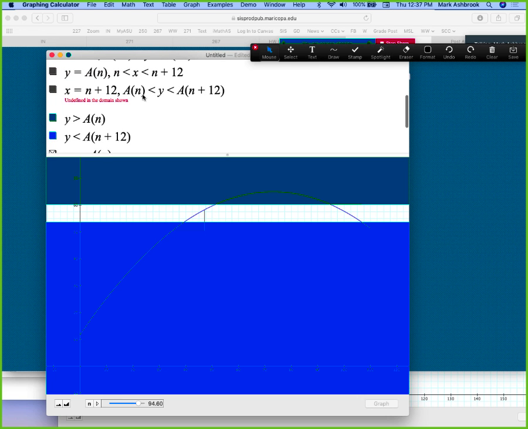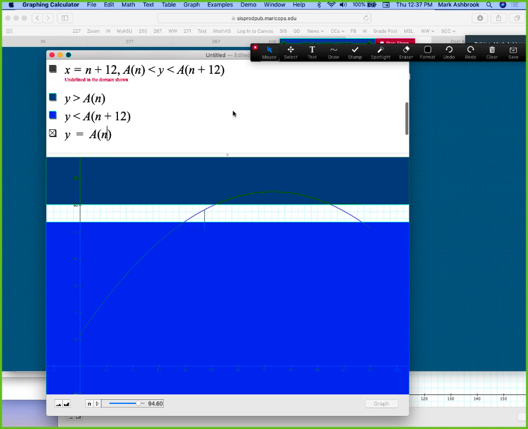And so then, like Sarah said, what do we need? We want all y values above this one and below this one. That's why you switch, make this the lower one, A of n plus 12, and this the higher one, A of n. Okay, and then just show the y greater than A of x to see how it's different.